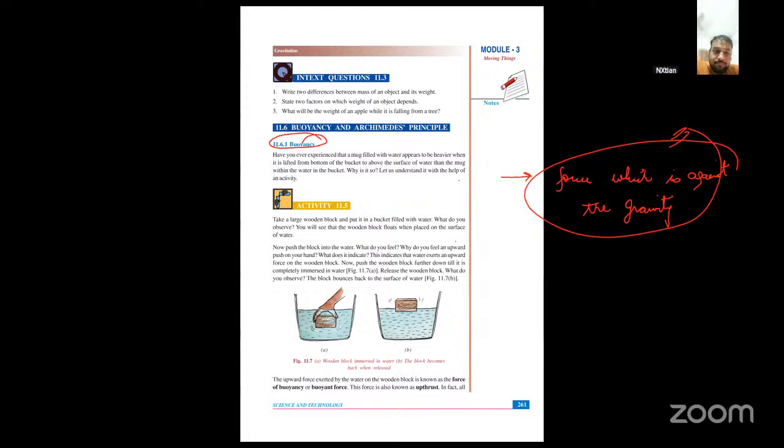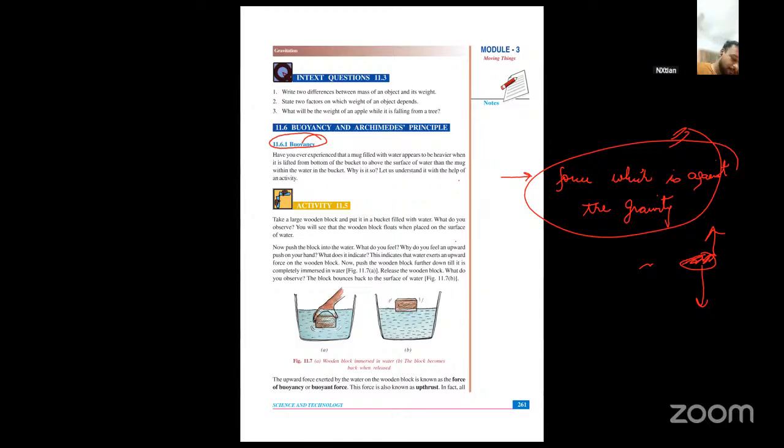Why? Because gravity is always working in downward direction. But in water, buoyancy works against the gravity in upward direction, which keeps the object above on the surface of the water. That's why it works against the gravity. Did you understand? Yes or no?